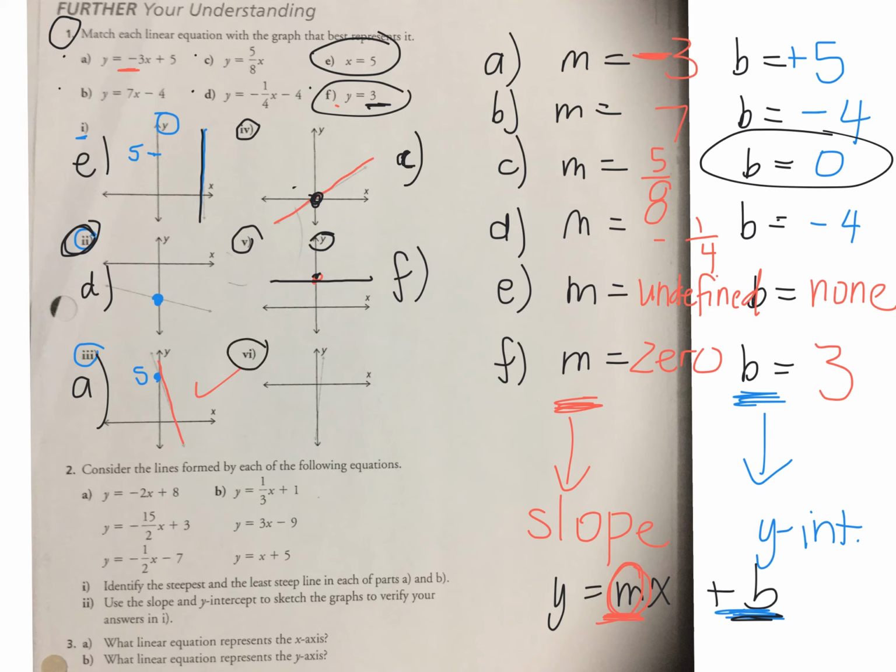And the last one, what is the equation of this line? B is correct. Y equals the y-intercept's -4, and the slope is +7. Good. Now, this graph, D and B, had the same y-intercept, but one of them was negative and one of them was positive, okay?